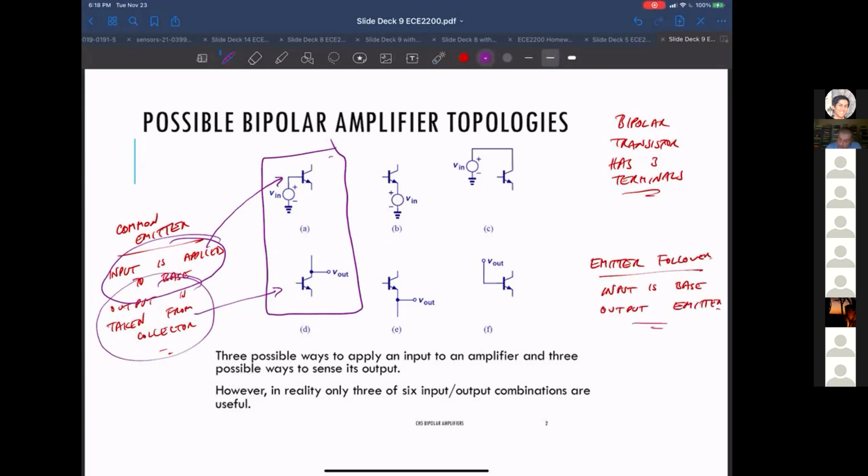So it looks like, let's see which one of these is. It looks like this one. And I guess we want to put in Vin here. Okay, that's what it looks like. So this common emitter has good gain, good input impedance.